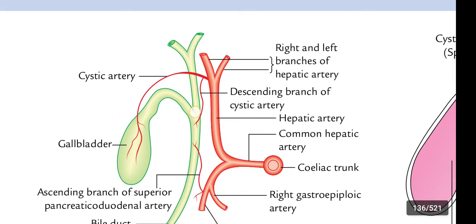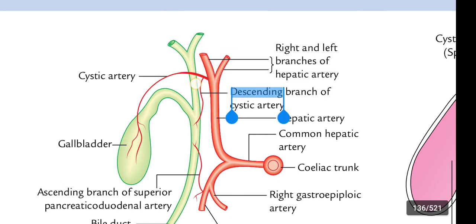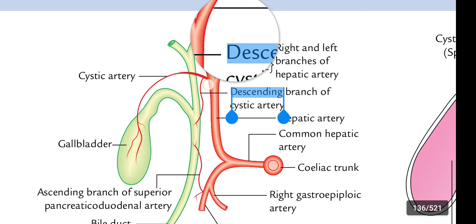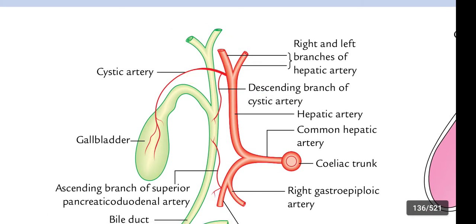This is the descending branch of the cystic artery. This is the cystic artery, which I already explained before. It is a branch of the right hepatic artery, or it may arise from the main trunk of the hepatic artery, or from the left or from the gastroduodenal artery.